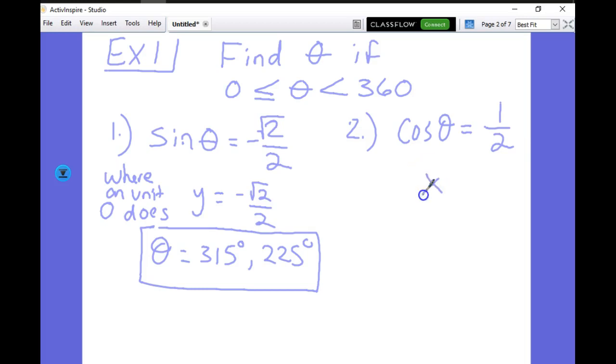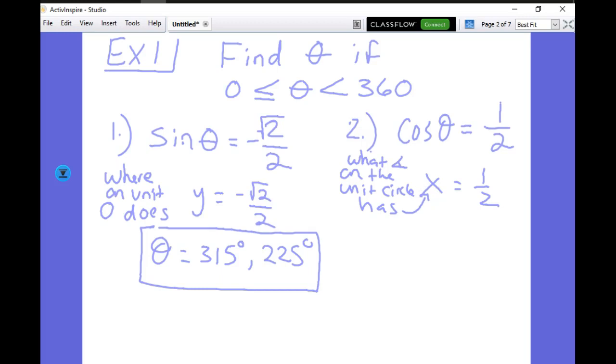It's the x value. So we're asking ourselves here, where, and maybe I should be more specific here, what angle on the unit circle has x equaling a half?